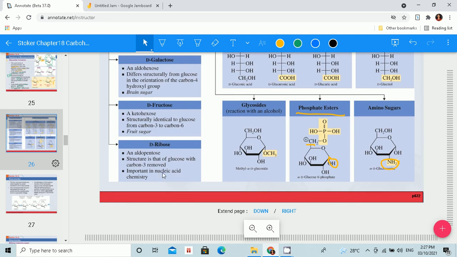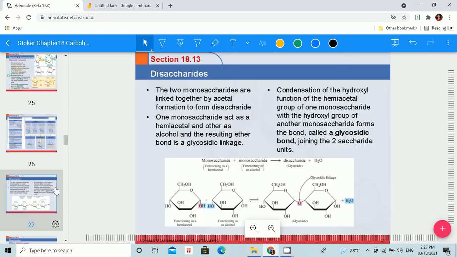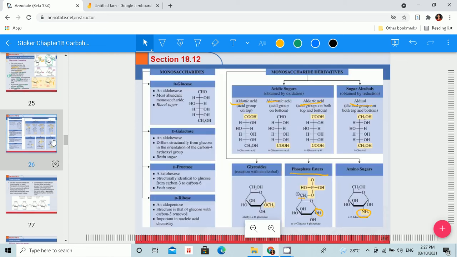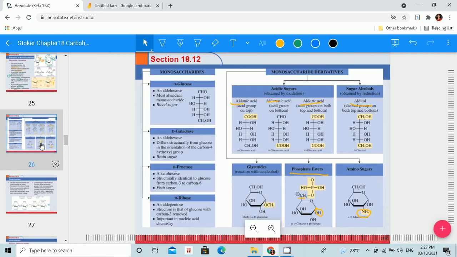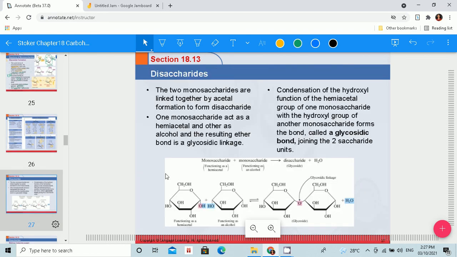Okay, that's it. That's all for monosaccharides, class. Now take note of the reactions, the names. Okay, yes. And then now, next video, we will tackle the disaccharides. Thank you.